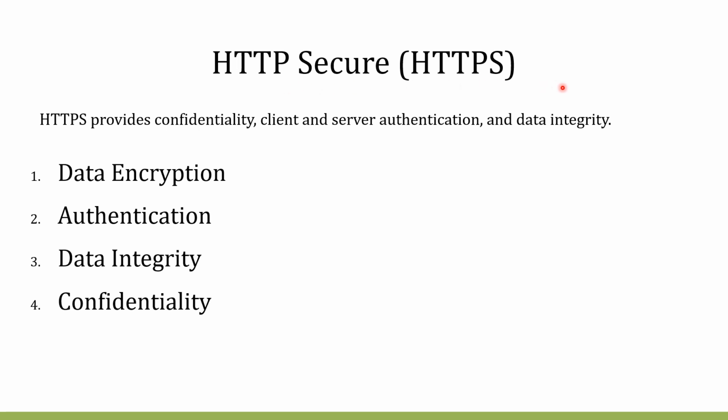HTTP Secure, or HTTPS. HTTPS provides confidentiality, client and server authentication, and data integrity. To mitigate the security vulnerabilities in HTTP, HTTPS is used, which combines HTTP with SSL or TLS encryption to work effectively.